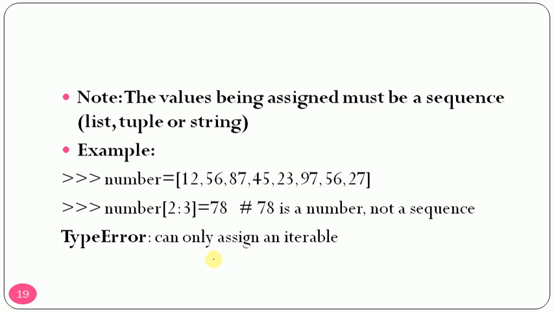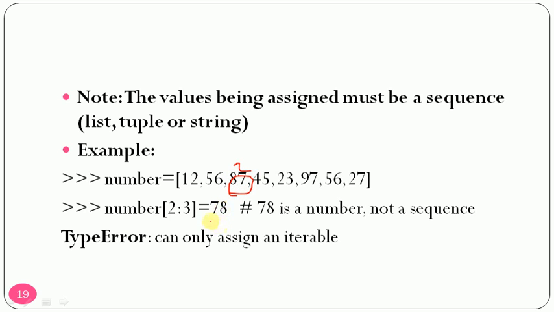Now we can assign some values. If you are trying to assign some values to a list, let's do an example using slicing. num[2:3]. 2 colon 3 means 0, 1, 2. 2 is this. 3 means this. So you have to replace this 87 by 78.